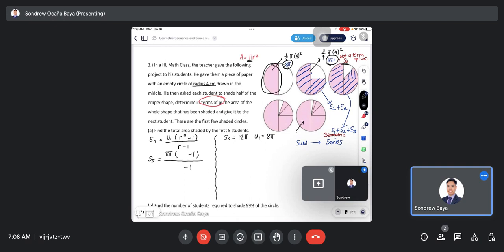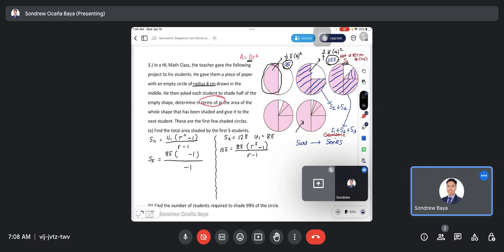So we can say 12 pi, which is your S sub 2, is equal to 8 pi, your U sub 1, times r to the power of 2, because n is 2. That's two students. Minus 1 over r minus 1.